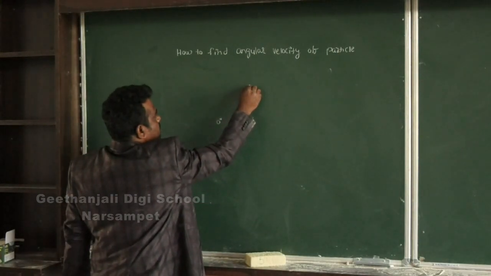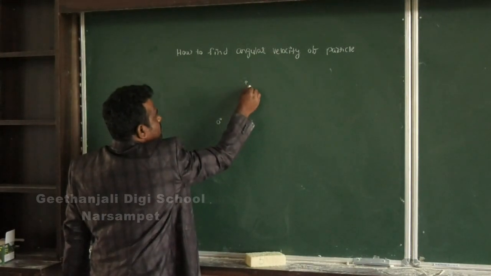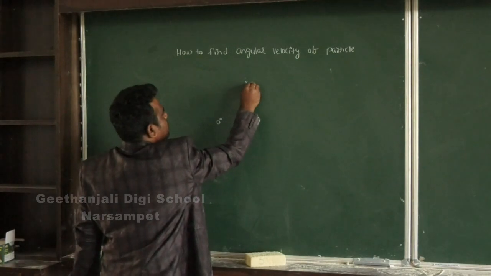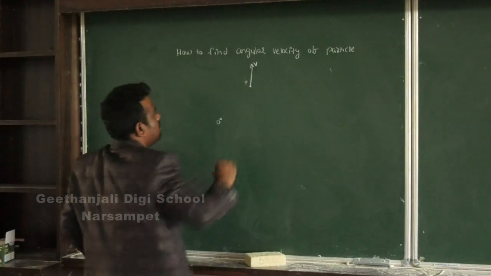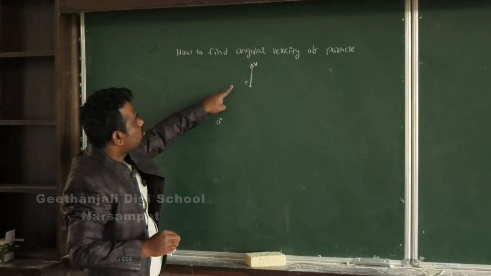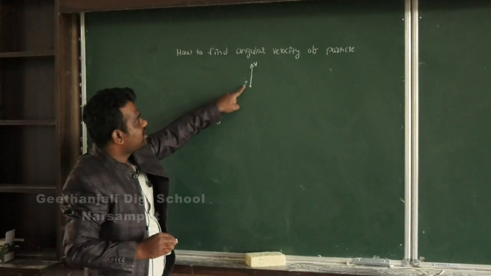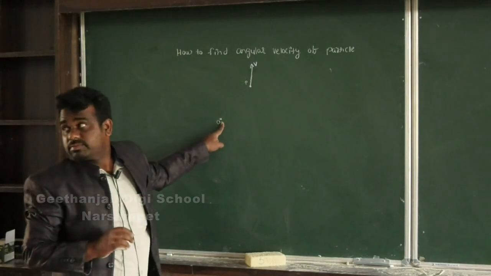Now P is a particle which is moving with a velocity v like this. So I want to know what is the angular velocity of the particle P with respect to this fixed point O.